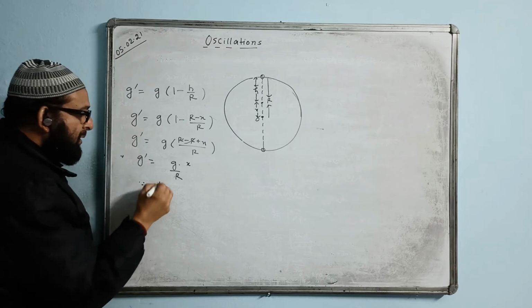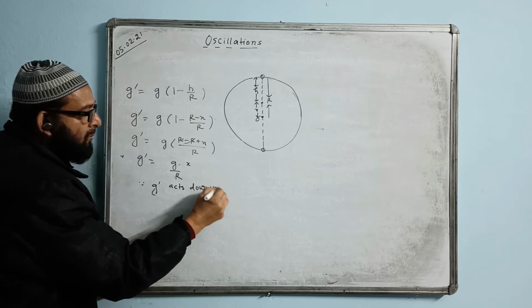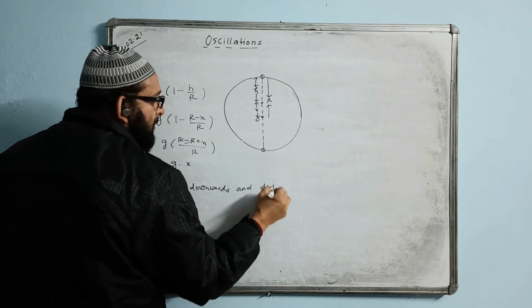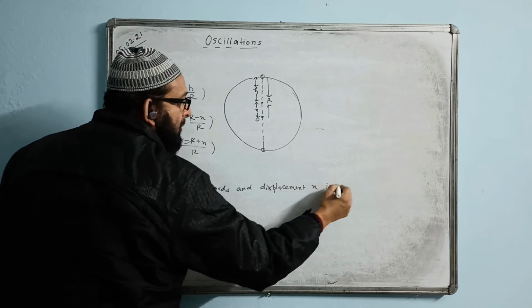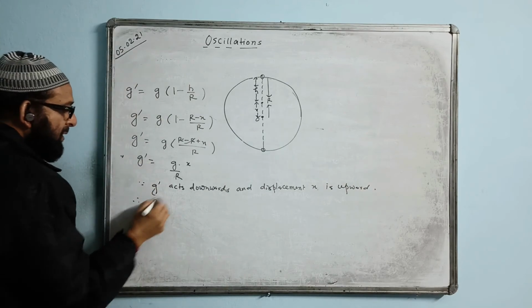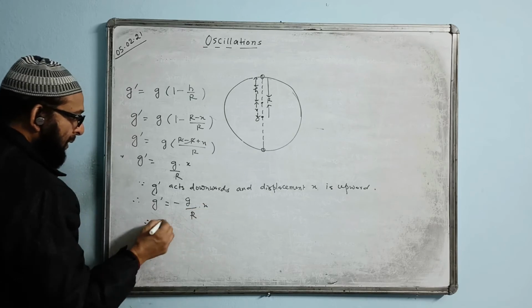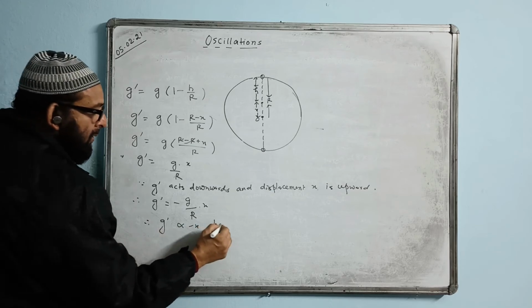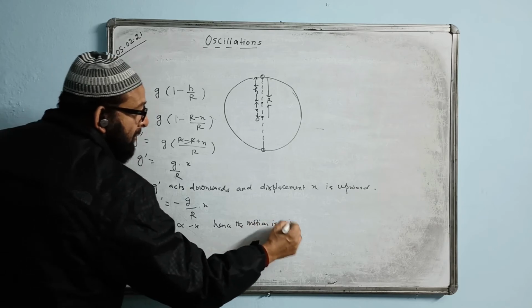That is, since g dash acts downwards and displacement x is upward, therefore this equation becomes g dash is equal to minus g by r into x. Therefore, g dash is an acceleration which is proportional to minus x. Hence the motion is simple harmonic.